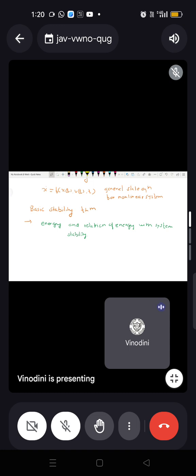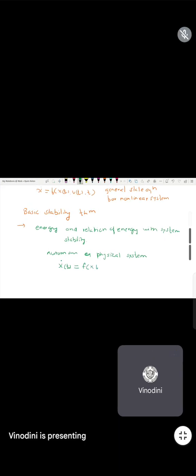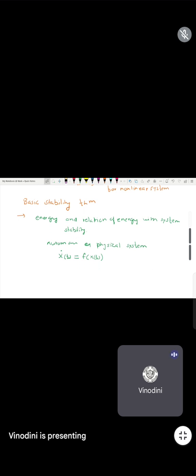Now how is it decided? If we take an autonomous physical system, it is autonomous, but for a physical system, t will be there. So x dot of t is equal to f of x, t, because t comes, which is a physical autonomous system.